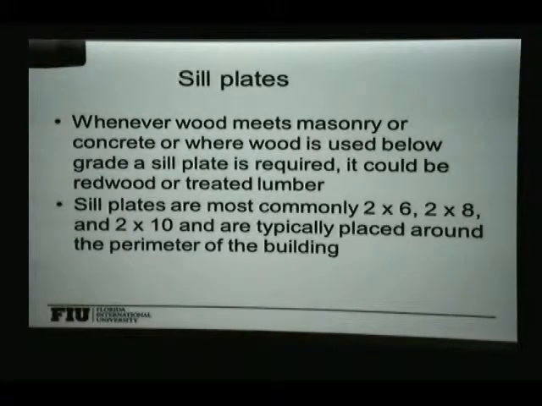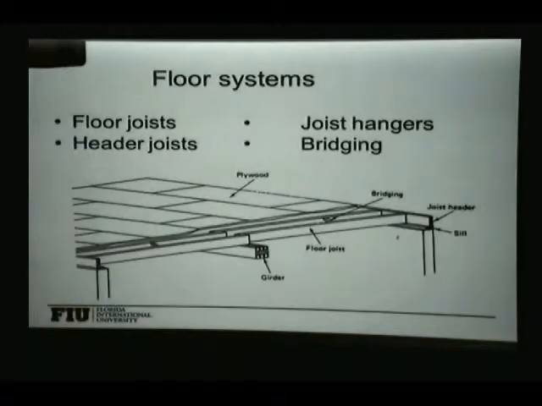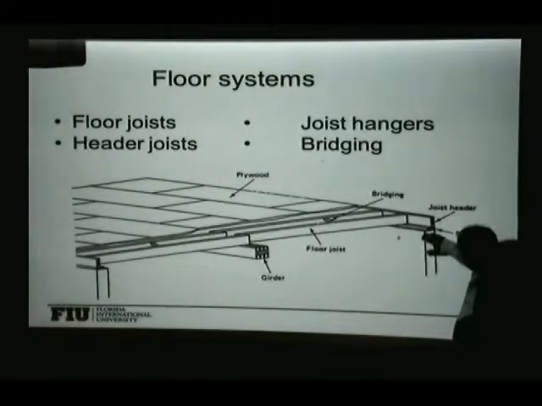You'll have steel plates also. Whenever the wood meets masonry or concrete, there is normally used a seal plate as a base to separate the two. So remember to include those seal plates. They go like here. We have a masonry wall, and then we have a joist.